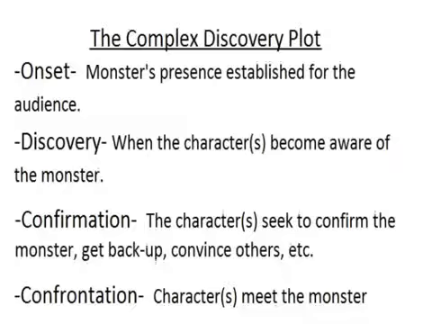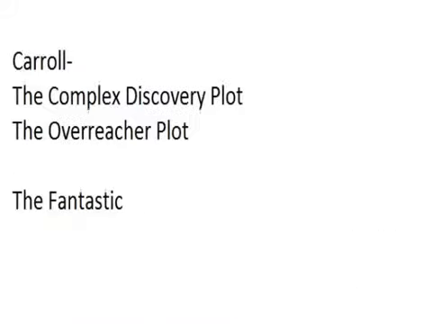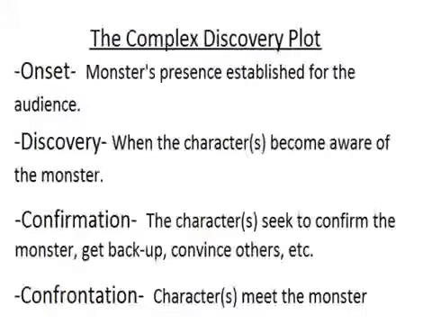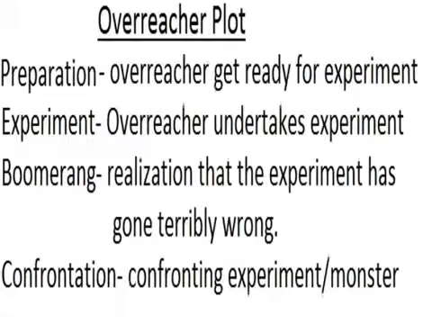Well, no, you couldn't because confrontation is the same on both. You could have the 4 from complex discovery plot. You could have the 4 from overreacher plot, except confrontation's the same in both. And then you could have some elements of the fantastic, which we'll get to later. But next time we're going to talk about the overreacher plot, and then we're going to go into the fantastic.